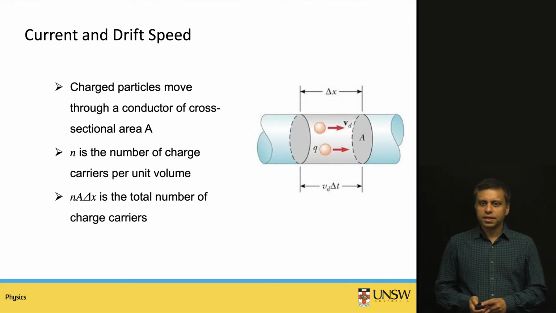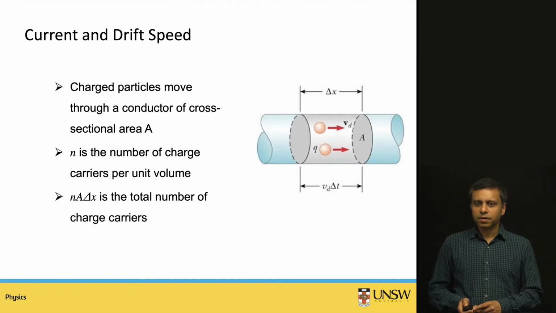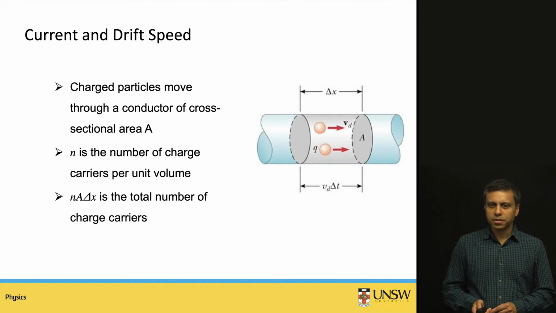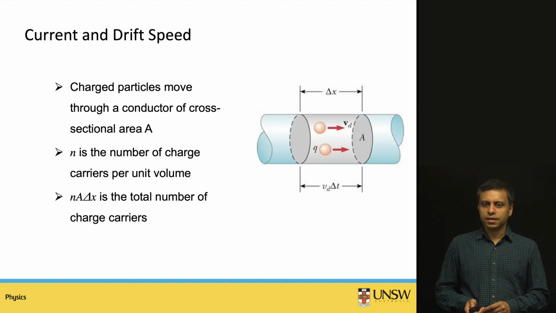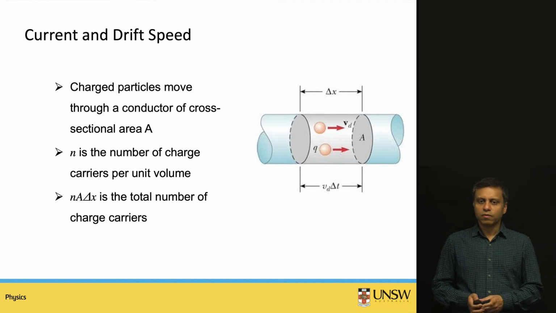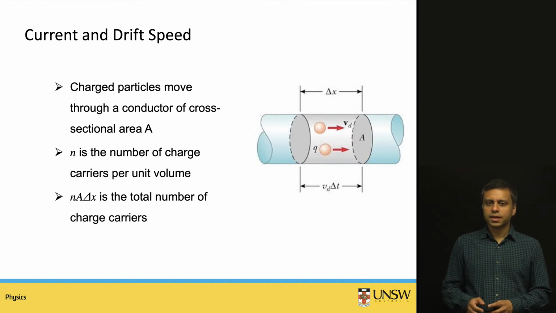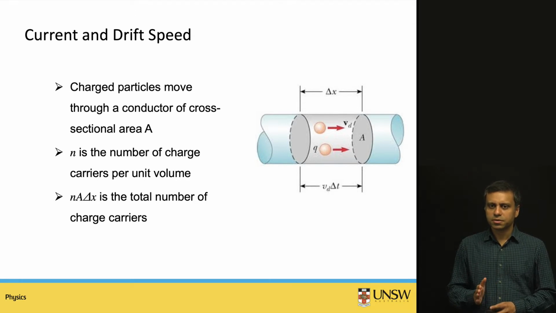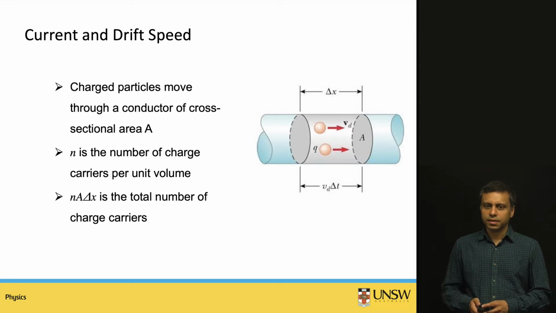So the drift velocity can be defined as delta x over delta t. But let us first start with the number of charge carriers that are flowing through A in a time interval delta t. So all the electrons that are inside this entire volume are flowing through this cross-sectional area A in a time interval delta t, right?